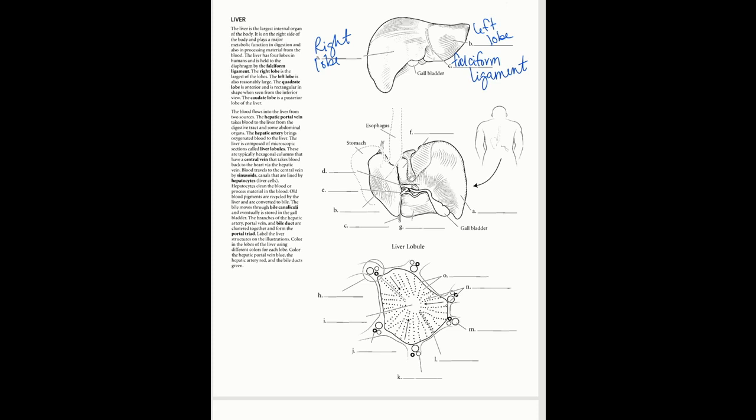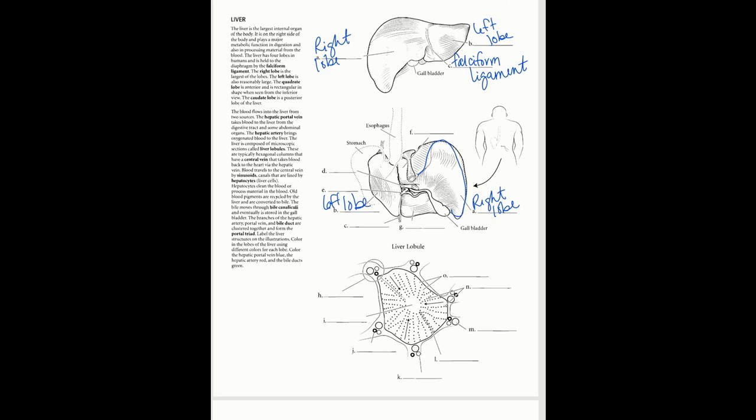We're looking at a posterior view in this second half here. So again, this here, I'm just going to trace it. This is our right lobe. And over here we have our left lobe.